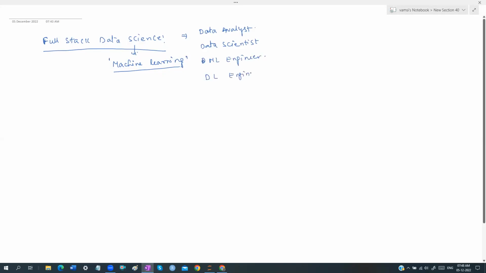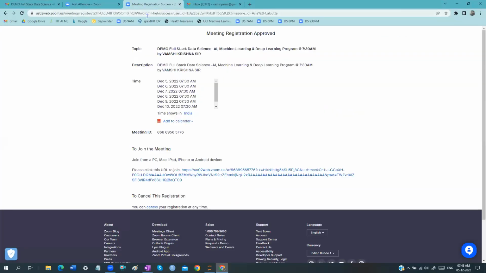And nowadays there is a lot of requirement for NLP engineers too. Recently we have got jobs for NLP engineers, which is one of the skill sets that companies are looking for.